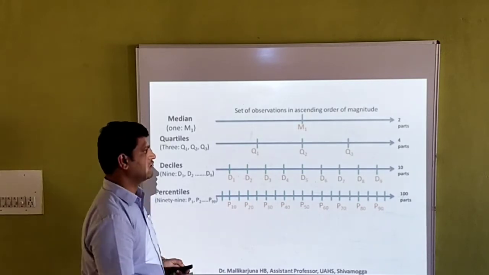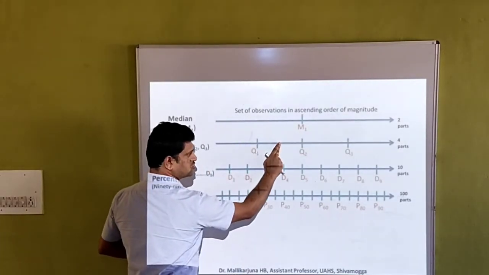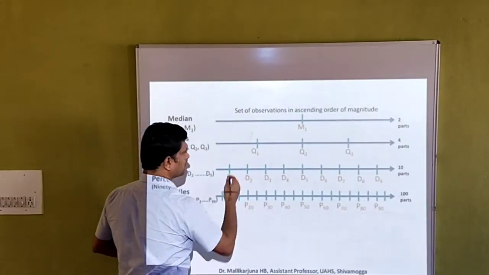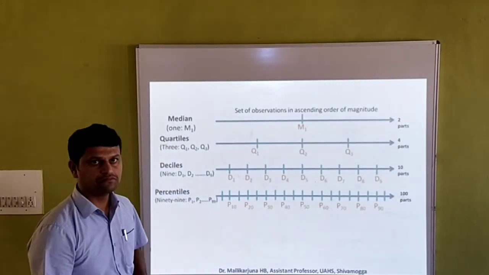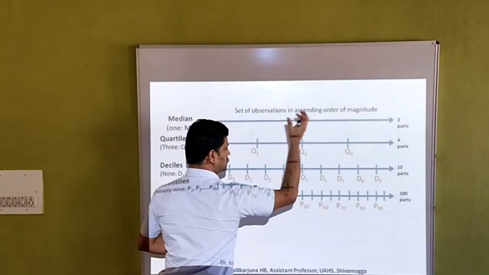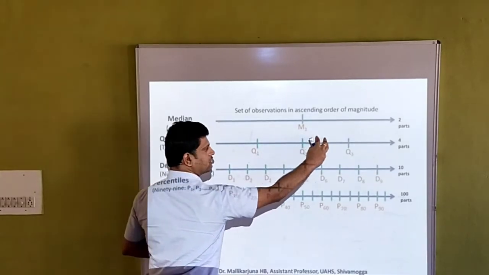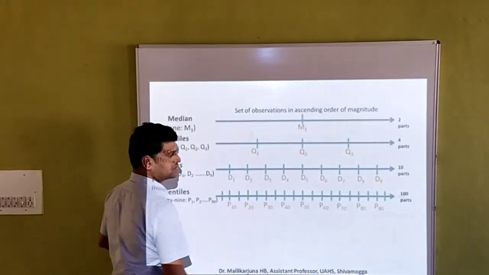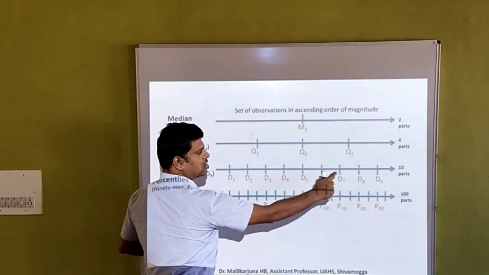All the parts are equal. With the median, 50% of observations lie on each side. With quartiles, we get 25%, 25%, 25%, 25%, total 100%. With deciles, 10% each, in total 100%.